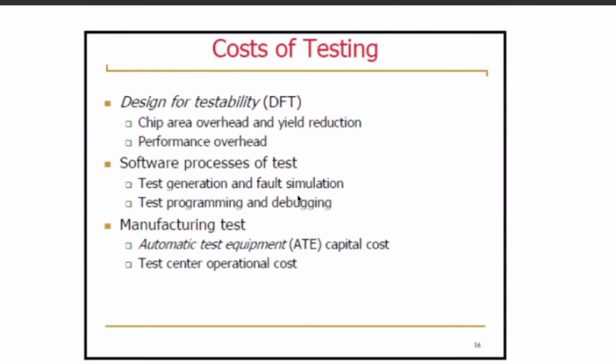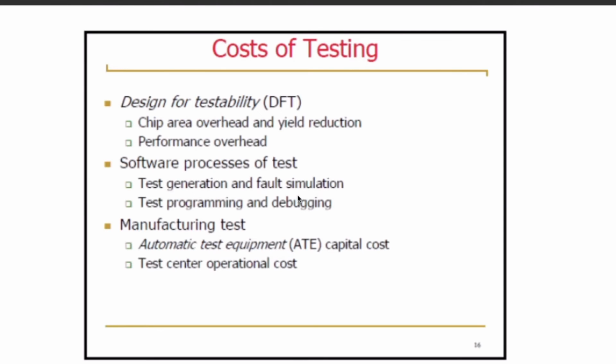Cost of testing also depends on the software process, like what type of fault simulation we are replicating in the test development process, what different types of test generation we are doing, and how many iterations of test grading we are doing. So it is related to the software process of testing.